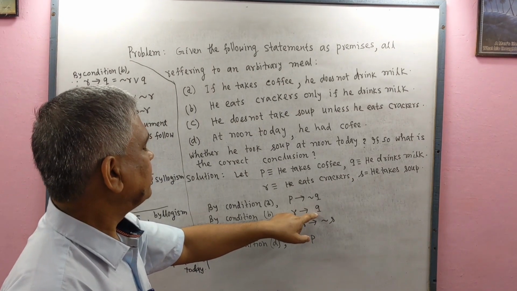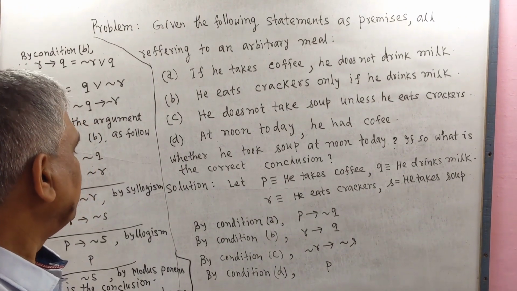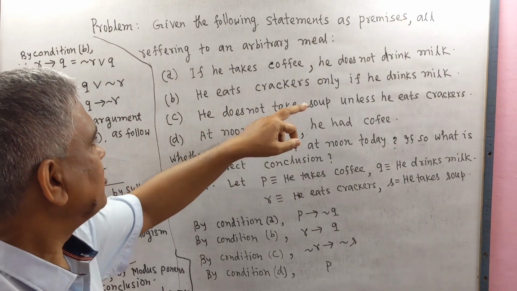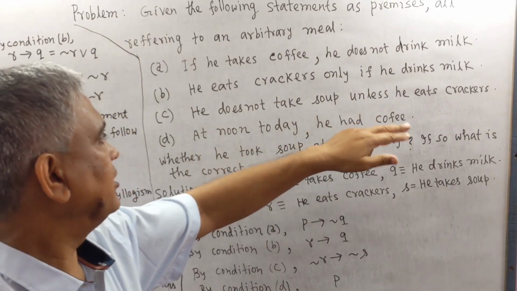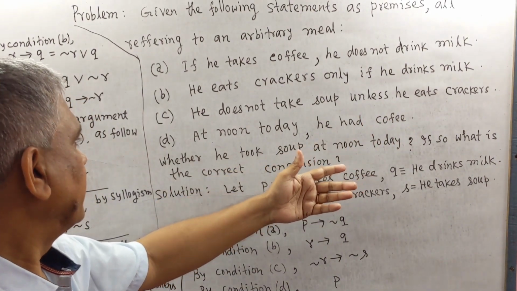Milk means statement Q. By condition C, he does not take soup unless he eats cracker. Unless he eats cracker means he does not eat cracker.